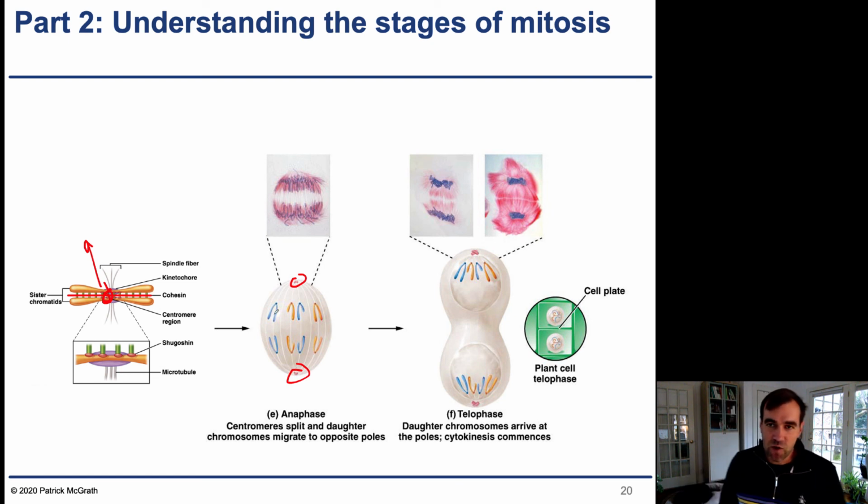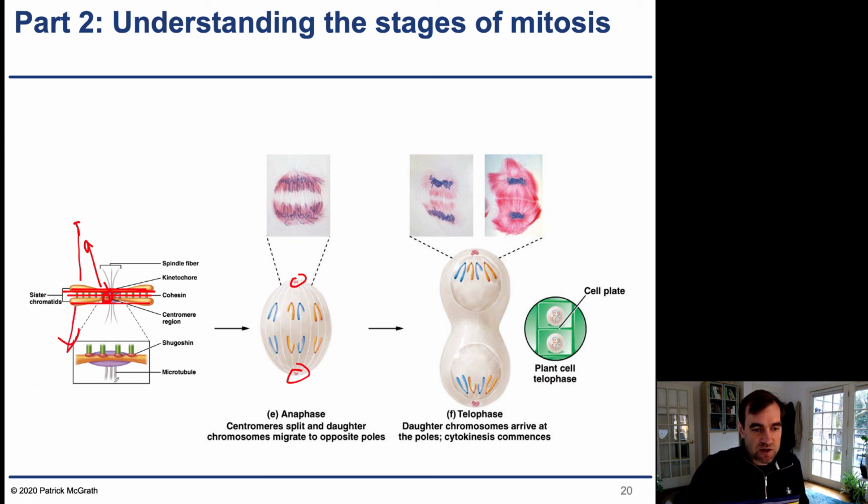This is part of why mitosis is conservative: as we talked about before, each of these sister chromatids are identical DNA molecules to each other. Because they came from DNA replication, you now get one exact copy of each. One copy produced from DNA replication goes to daughter cell 1, and the other goes to daughter cell 2.